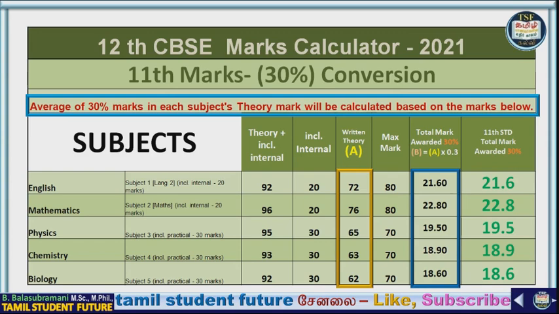So the 11th 30% marks are English 21.6, Maths 22.8, Physics 19.5, Chemistry 18.9, Biology 18.6. Now the 11th is over.